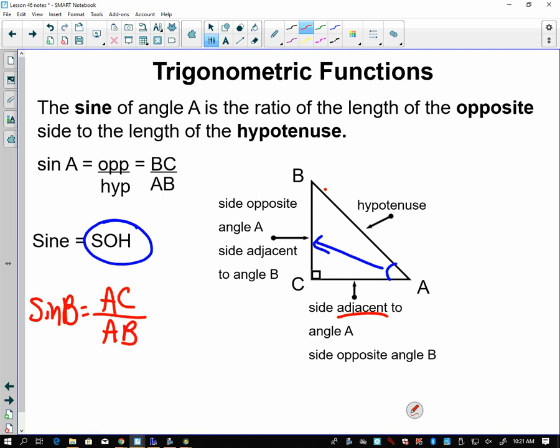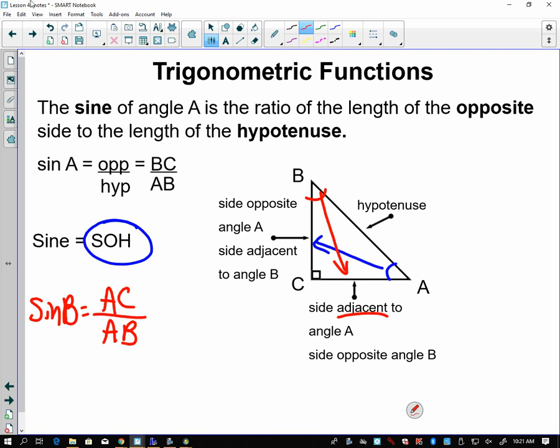Because this side is opposite to angle B. Sine is always what? Opposite. Let's try it again. What is sine, class? Let's try it again, but we're going to include Angeli this time. What is sine, class? There we go.